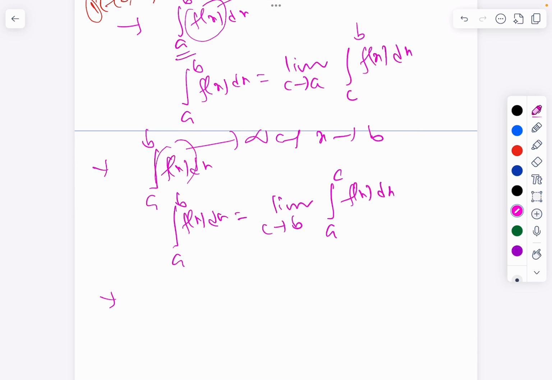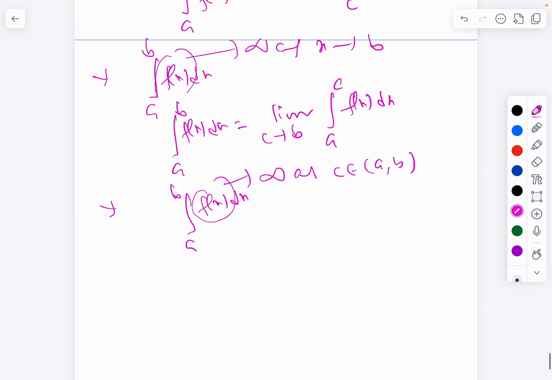It may also happen that the integrand f(x) tends to infinity at some c lying in the interval a to b.